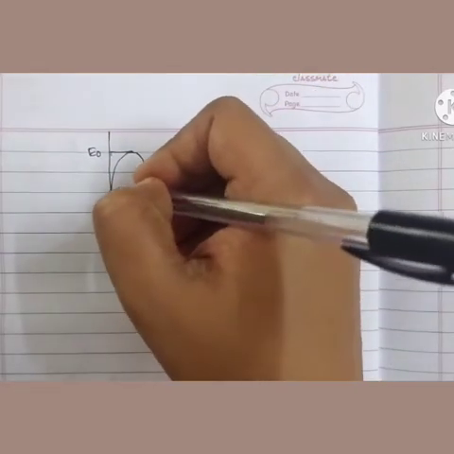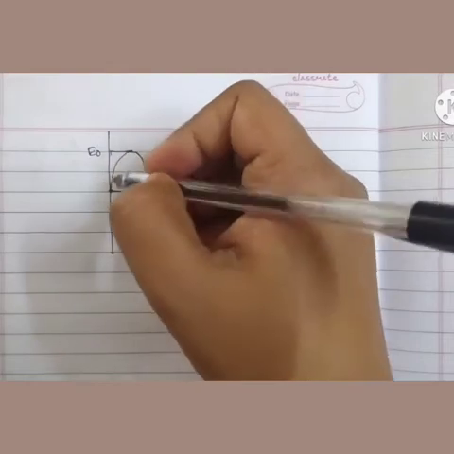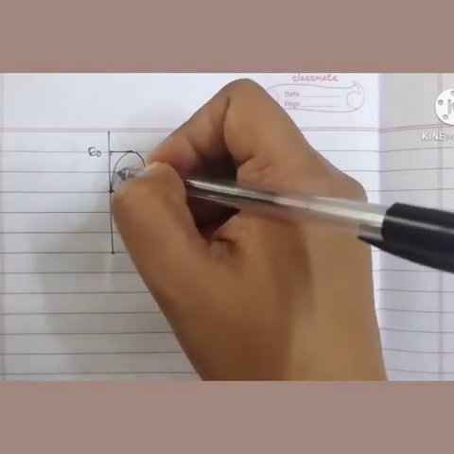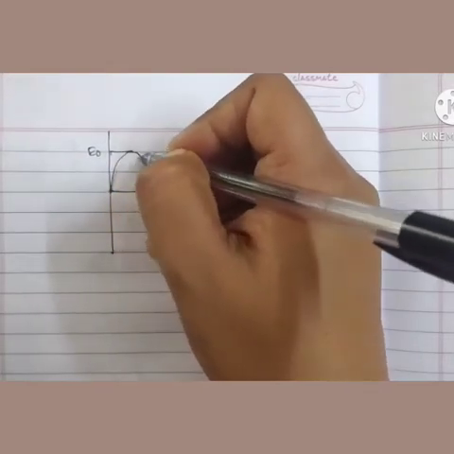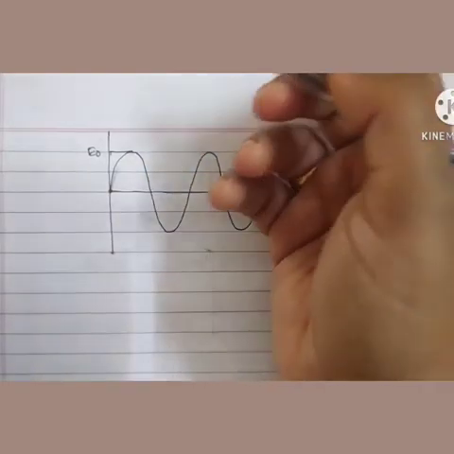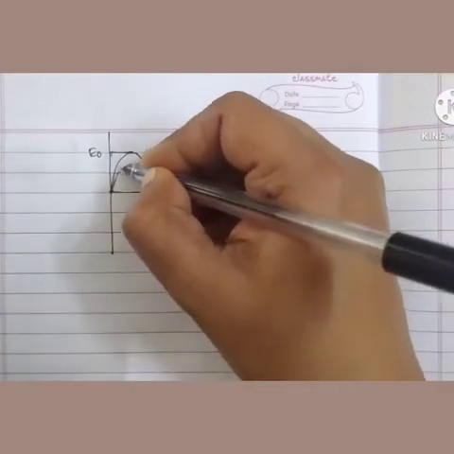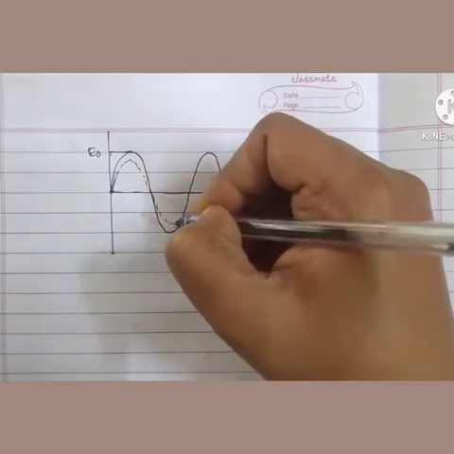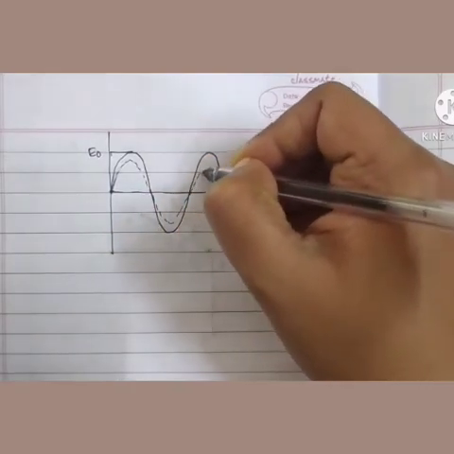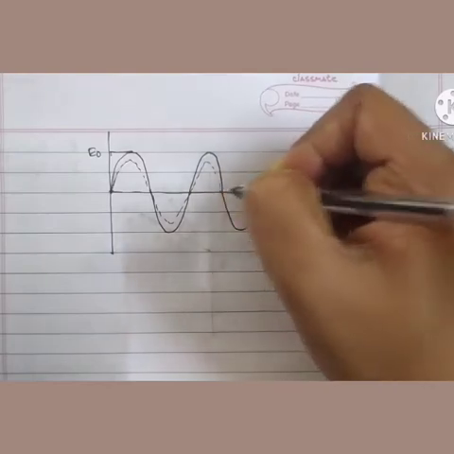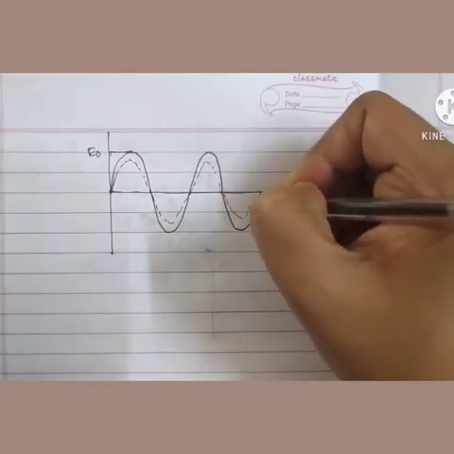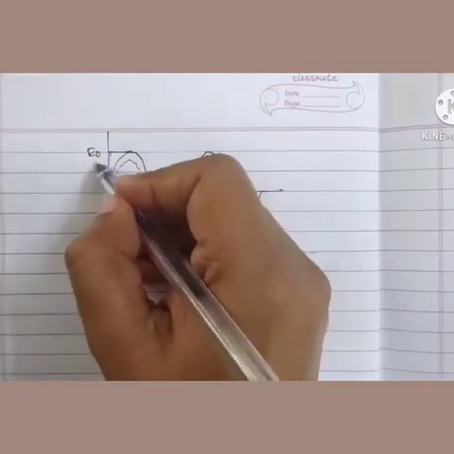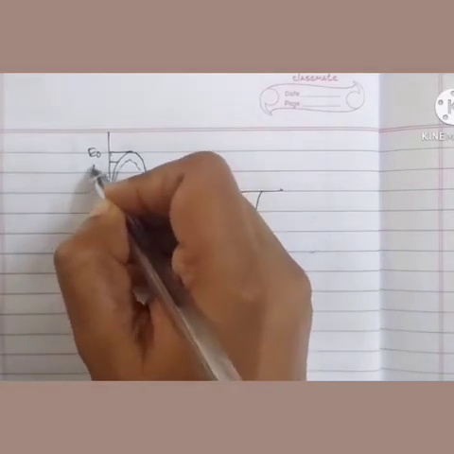Then current again starting from the same phase only. If you are drawing above this line, it will not be visible, right? So you can draw like this, no problem. It doesn't mean that the amplitudes are changing. In this way you can write. And this is what? I0.